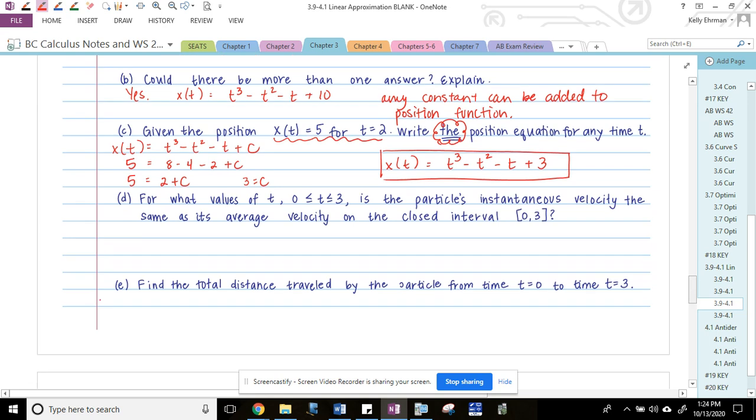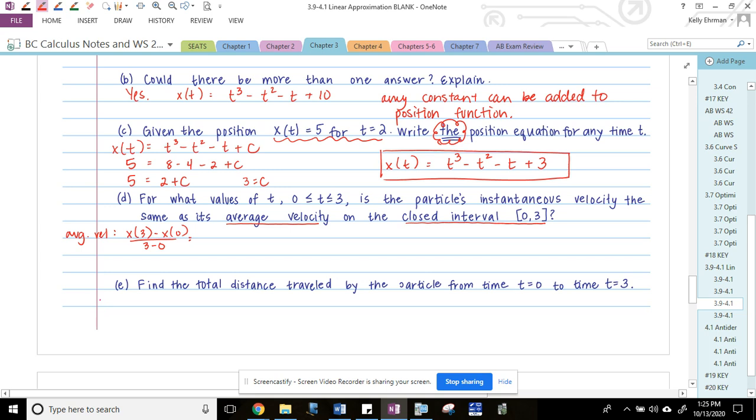For what values of t between 0 and 3 is the particle's instantaneous velocity the same as its average velocity on the closed interval 0 to 3? Average velocity was chapter 1. Remember, that's change in position over change in time. So it is x of 3 minus x of 0 over 3 minus 0.